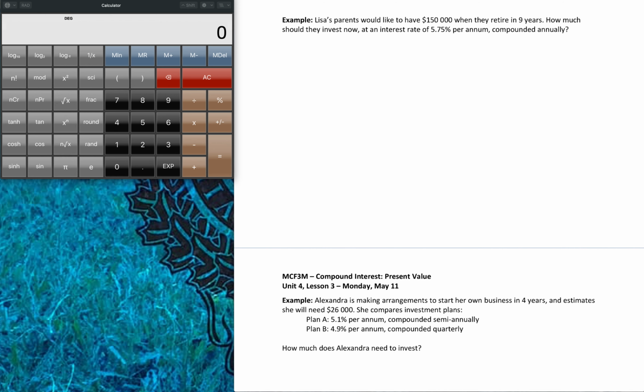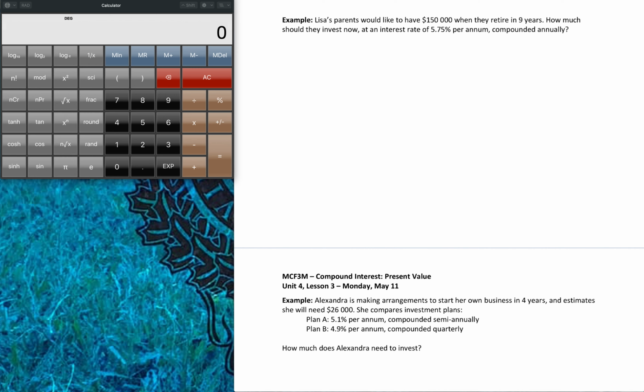On a test, for instance, you're going to have 4 lessons of different kinds of questions, and you're going to have to decide which equation you're going to use before you can even write down your knowns and unknowns. So you read the question, decide what equation you're using, then do your list of knowns and unknowns, make the substitutions, and solve for whatever it is you're looking for.